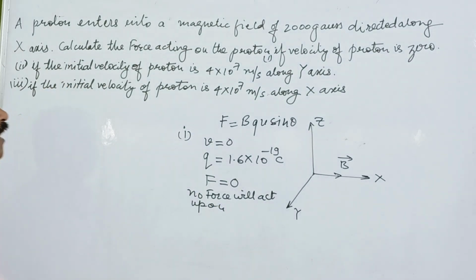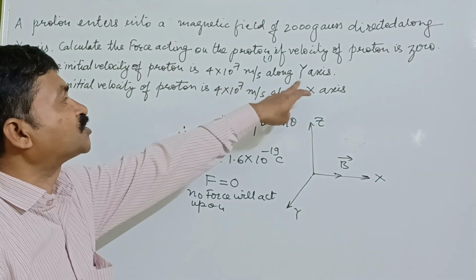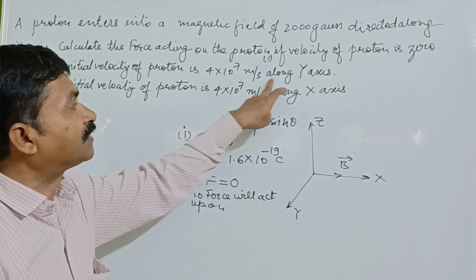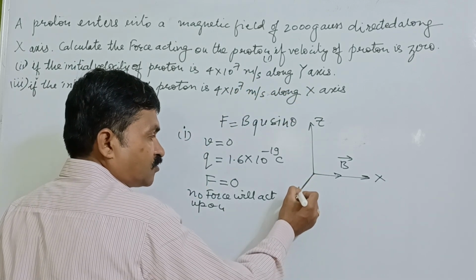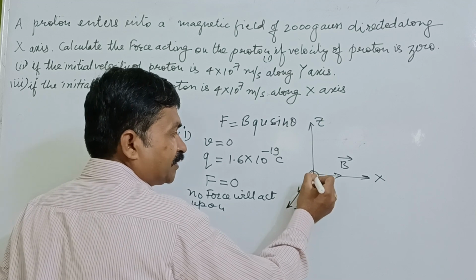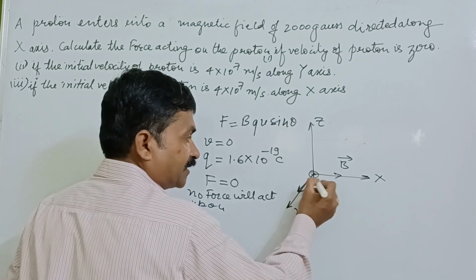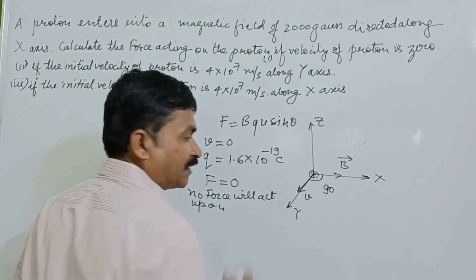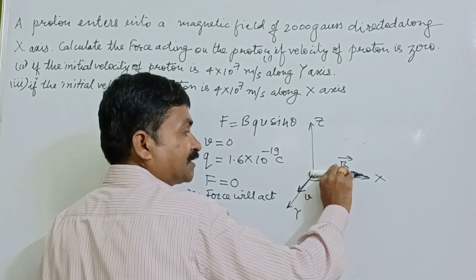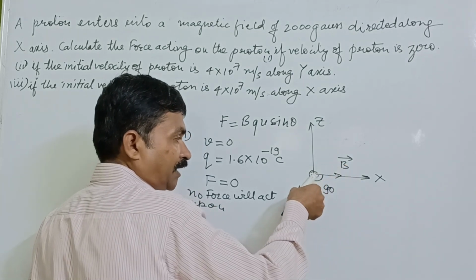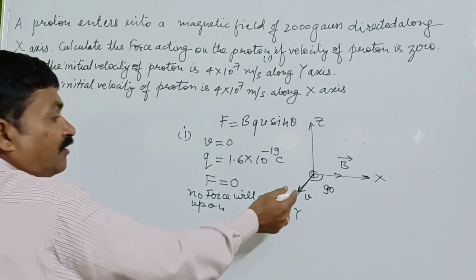Now, if the initial velocity of the proton is 4 into 10 raised to the power 7 meter per second along the y-axis, this positive charge is now moving in this direction. The angle is 90 degrees because the magnetic field is in the x direction and the proton is moving in the y direction with the velocity.